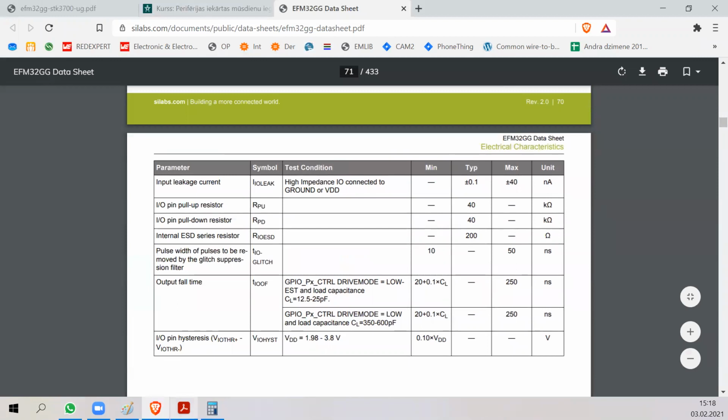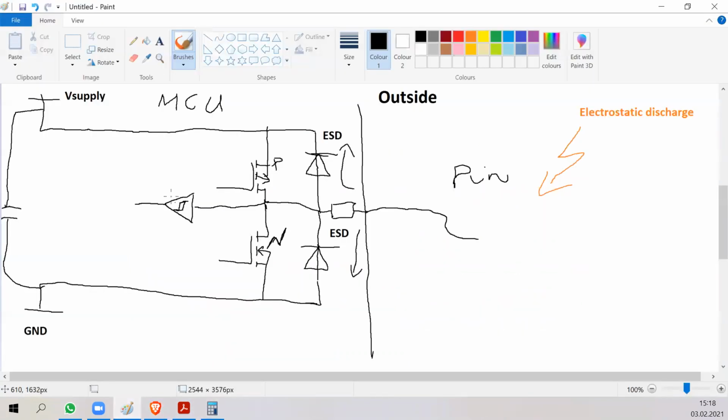Also, when you use the microcontrollers' pins as inputs, you can turn on or off their pull-up and pull-down resistors. There is a resistor and a small MOSFET, which enables or disables the pull-up resistor, and also the same for the bottom part.